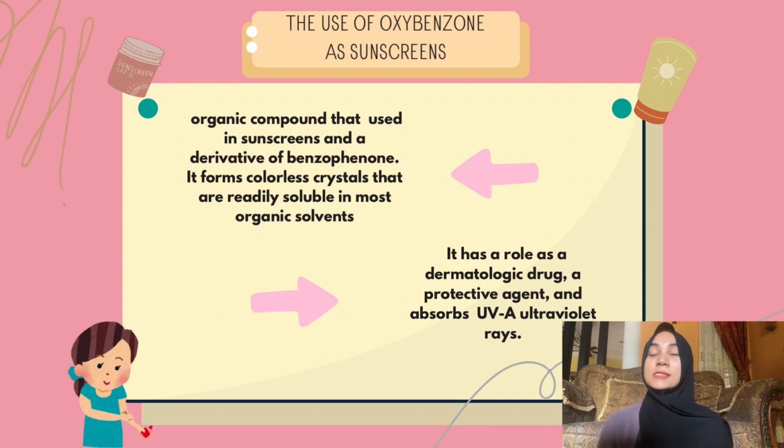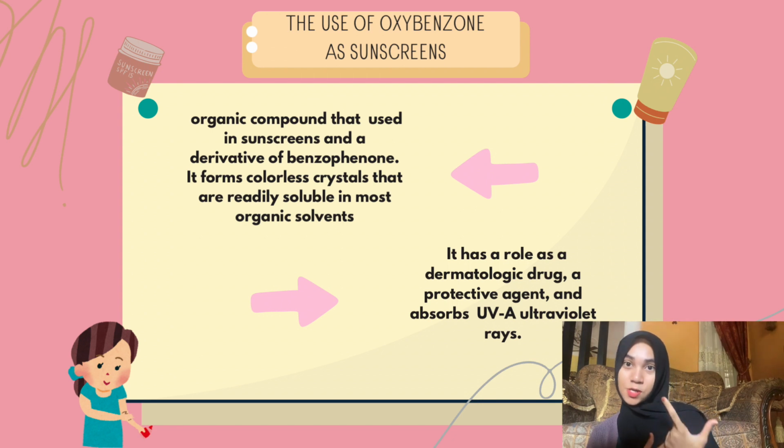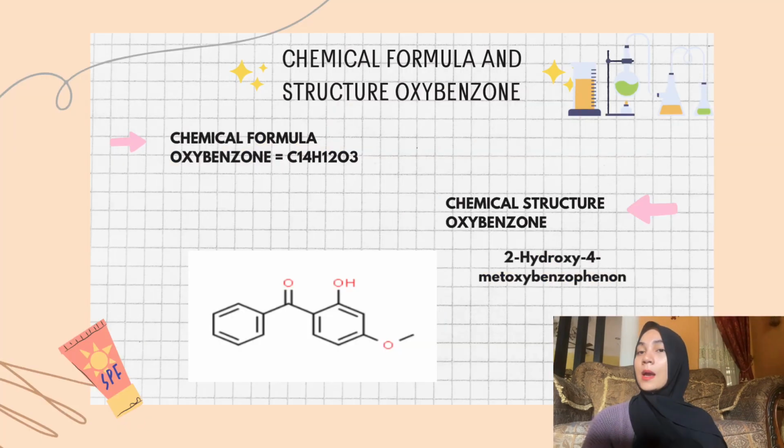It is used as an ingredient in sunscreen and other cosmetics, and it has a role as a dermatology drug, a protective agent, and an ultraviolet filter absorber. So, anyone looking for sun protection can use oxybenzone to protect and to filter the sun rays.